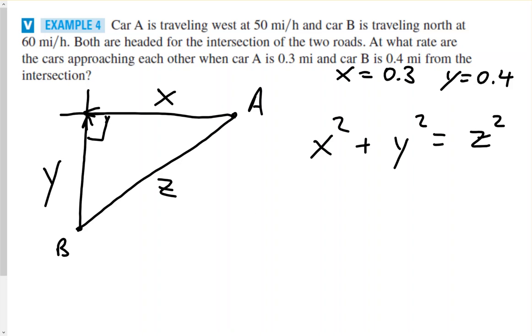Now the only thing with dx/dt and dy/dt, they're giving us 50, for example, for car A. Right? Now that's actually going to be a negative 50. And you might ask why? Why is it negative? The reason is that the distance of A to the intersection is shrinking.